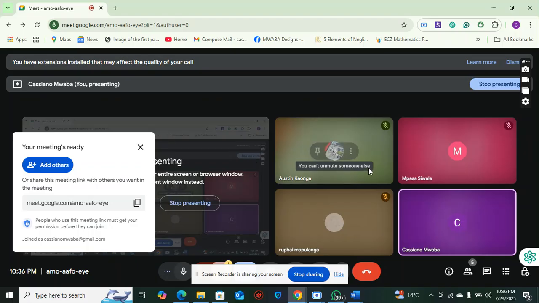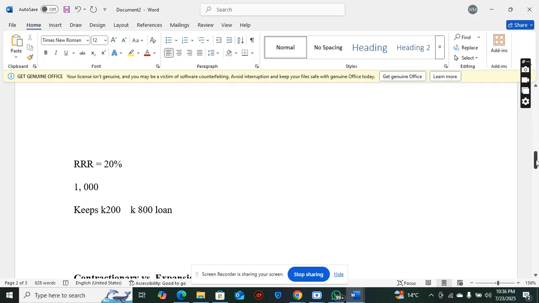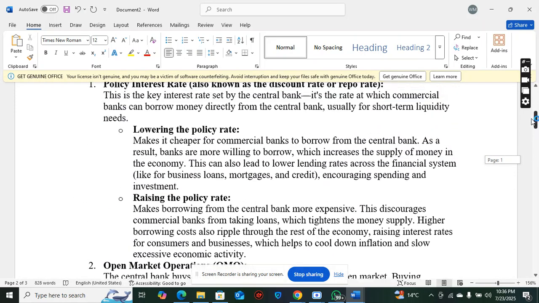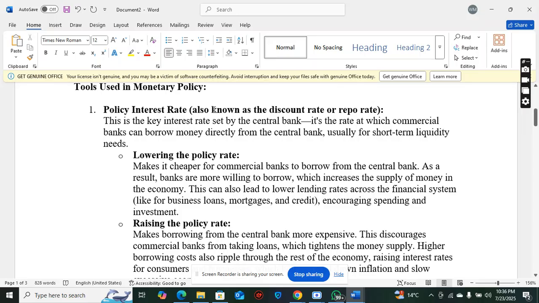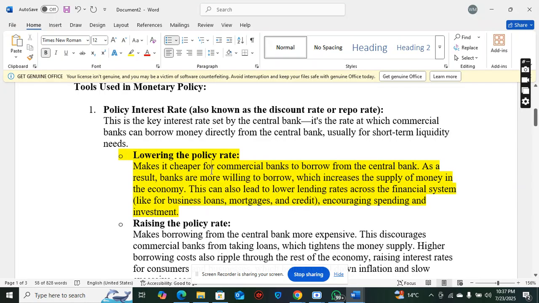Okay, so the central bank basically just wants to get the economy back on its feet with expansionary monetary policy. So, with expansionary monetary policy, when we go to look at the tools, this policy interest rate, it's going to reduce the policy interest rate, right? Meaning it's now cheaper for commercial banks to borrow from the central bank.